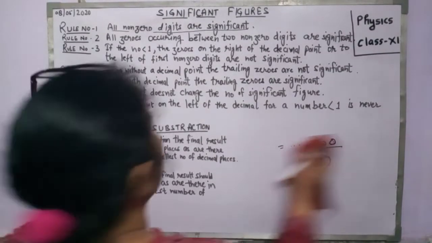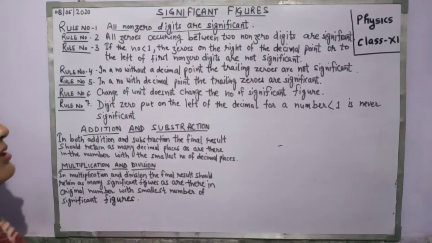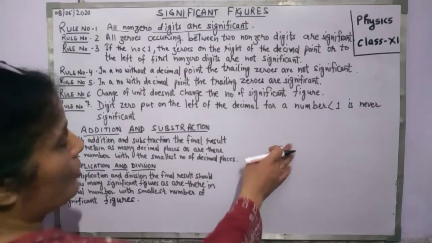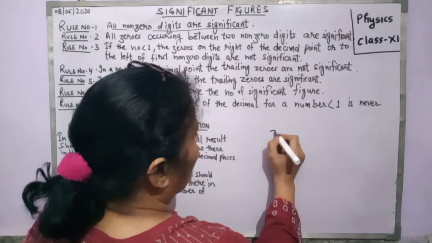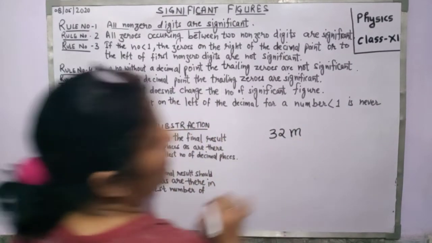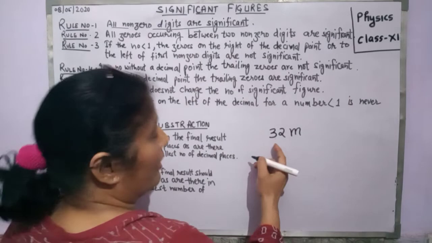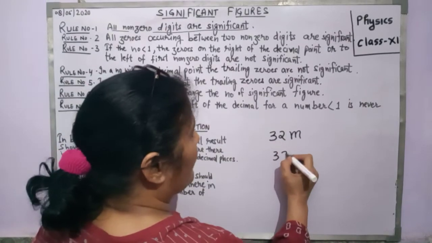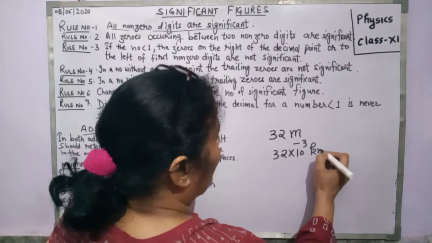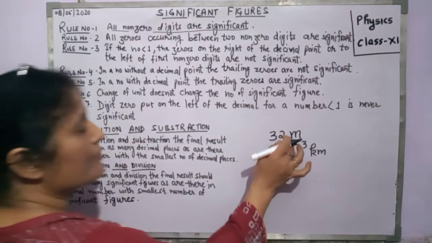Now the next is, change of units does not change the number of significant figures. Suppose it is given 32 meter. You have to convert into kilometer. That means 32 into 10 raised to the power minus 3 kilometer. You have to convert into centimeter.